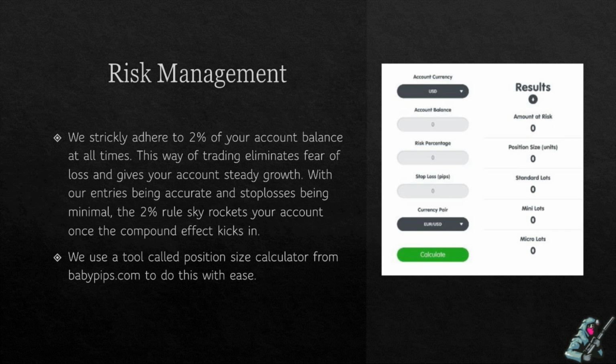So I'm going to teach you now how to use a risk management calculator for when you're taking the trades. Now, with the strategy, we've worked it out in a way that we give you everything that you need to make your account profitable and to get the consistency in there as well. And it's the consistency that really skyrockets your account once the compounding starts to kick in, okay?